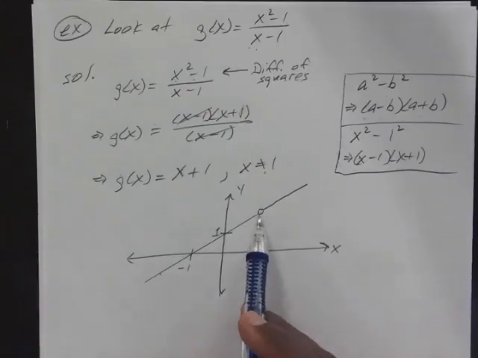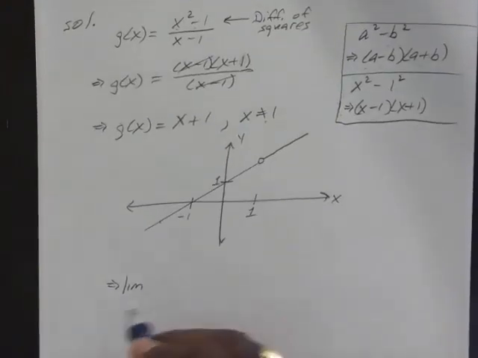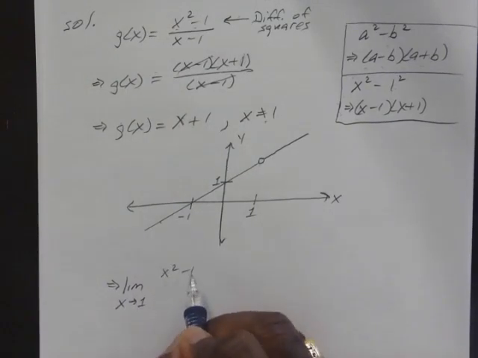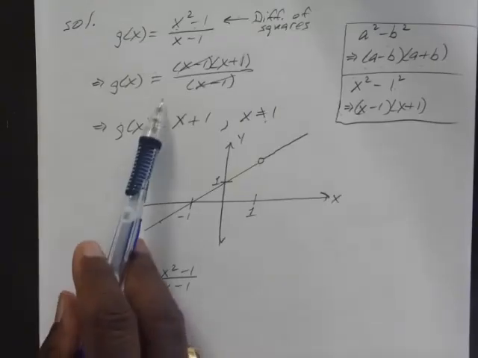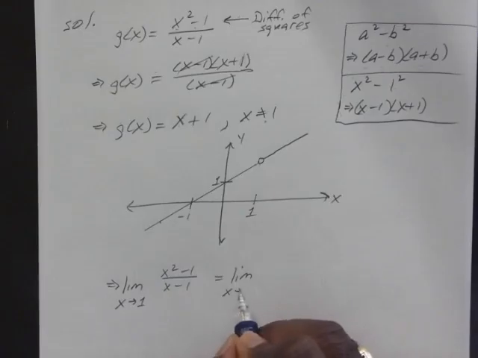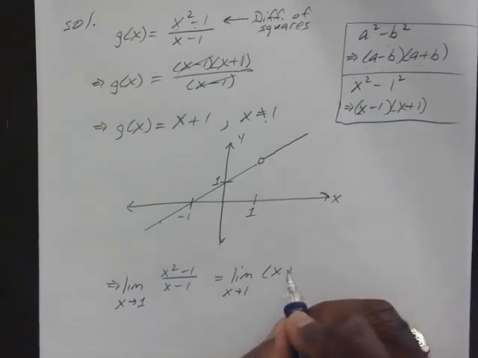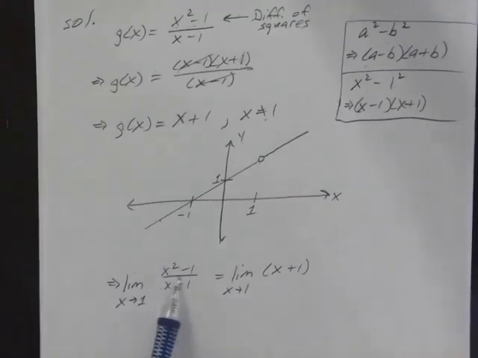Okay. Now, if we wanted to find the limit as you approach 1 from the left or right, we could rewrite it as the limit as x approaches 1 of x squared minus 1 over x minus 1. Where if we did everything we did up here, that just becomes the limit as x approaches 1 of x plus 1. Because if we plug it in here, we get numerator and denominator of 0. But if we do it here, we get the exact same limit, but we still know that x cannot equal 1.